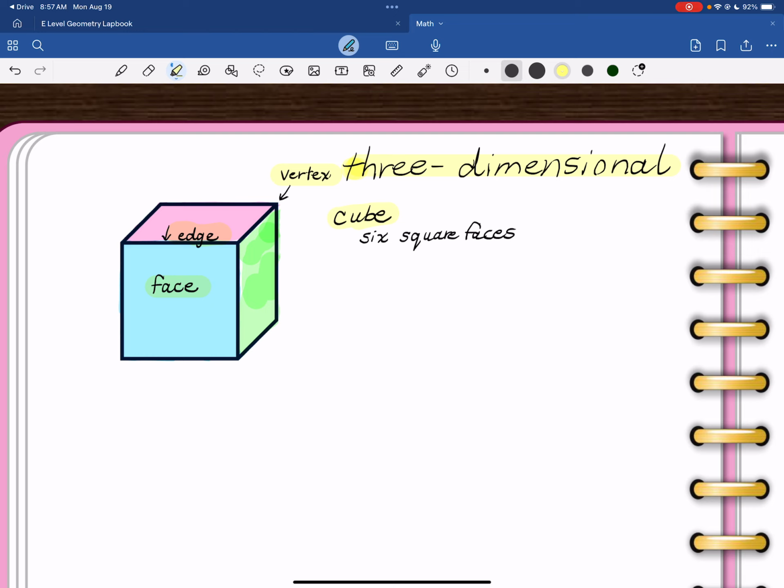All right, you can also look at this as having a length, a width, that's 2 dimensions, 3 dimensions when I add the height. Okay.